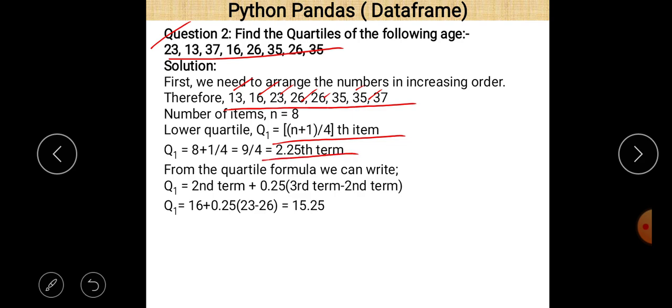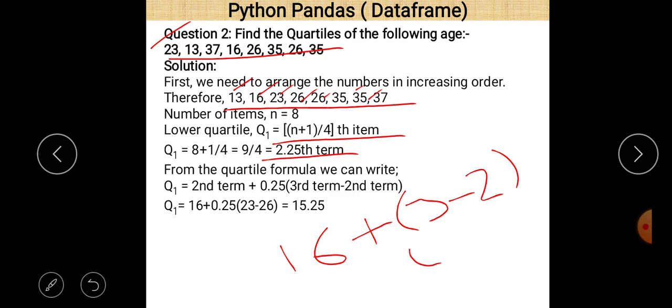So the second term is clear, the second term is 16 here. Okay, and what about 0.25? Actually, when 0.25 is there, then we calculate the next data item, meaning the data item at the third position minus the data item at the second position. So the data item at the third position is 23 here. So 23 minus 26, and 23 minus 26 is equal to minus 3.